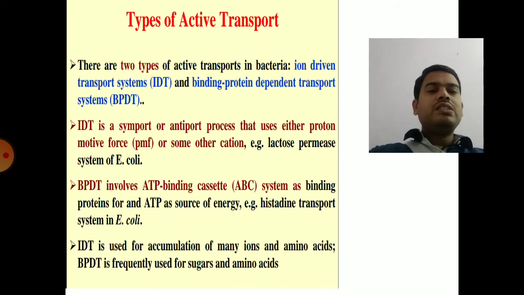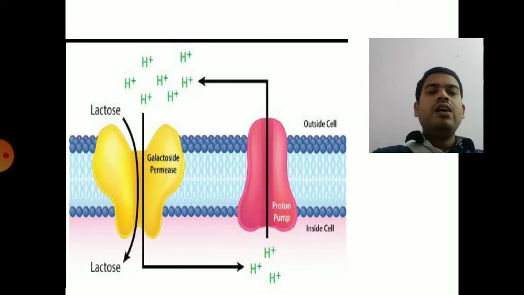The molecules transported by IDT are ions and amino acids, and by BPDT especially sugars and amino acids.